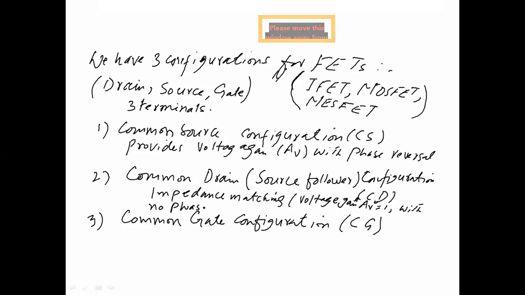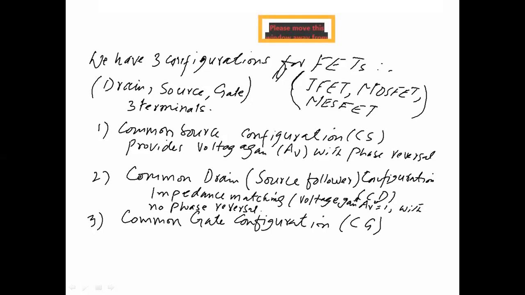Input and output signals are in phase, that is, the phase shift is 0 between input signal and output signal. So the major application of common drain or source follower is impedance matching, with voltage gain of 1 or unity and no phase reversal. The analogous configuration in the case of BJT is the common collector or emitter follower configuration.